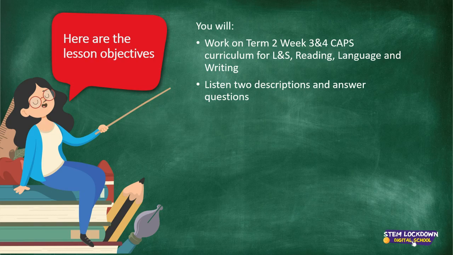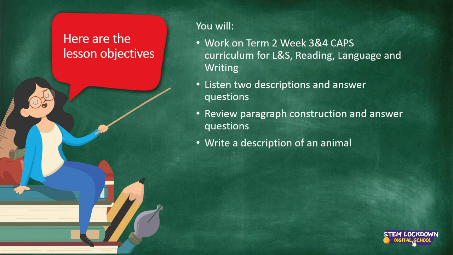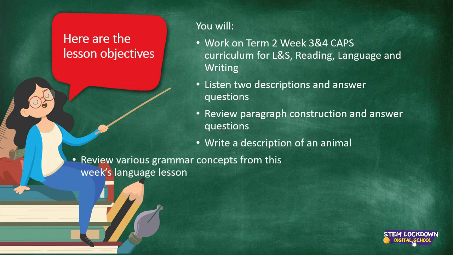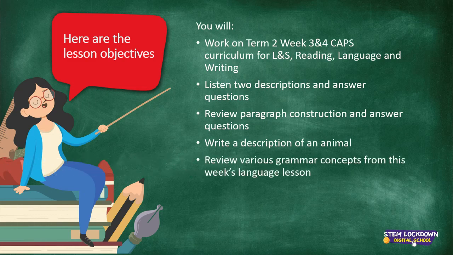So we'll start off with 2 descriptions that I'll read to you, and then you'll answer questions. Then we'll go over how a paragraph is constructed, and you'll answer questions. Then you'll write a description of an endangered animal. You'll review various grammar concepts from the language lesson.